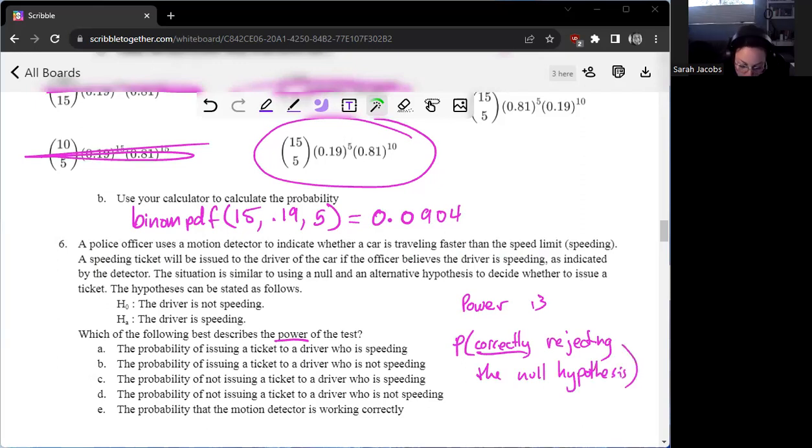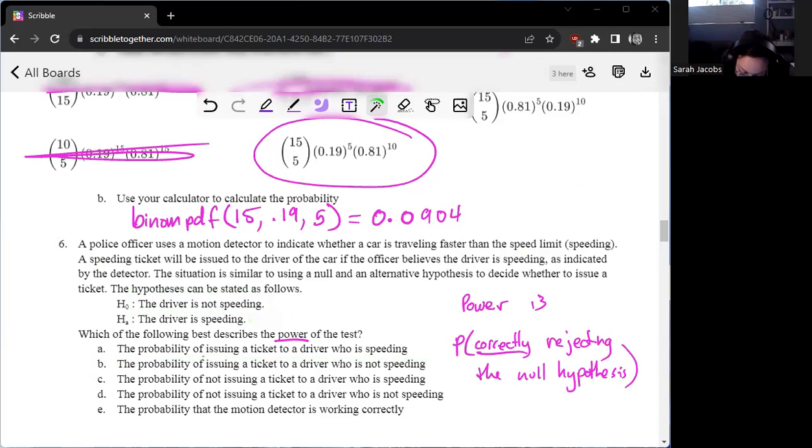Okay, so we want to reject that. The driver is not speeding. Let's look at our answer choices. A says the probability of issuing a ticket to a driver who is speeding. Issuing a ticket means that we landed on the driver is speeding, because we're giving them a ticket.